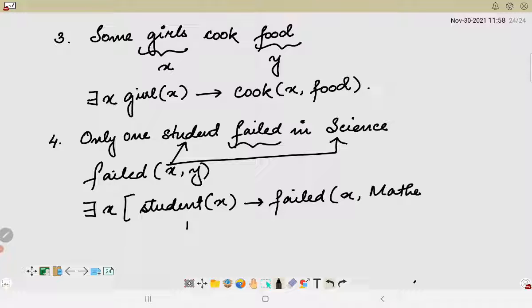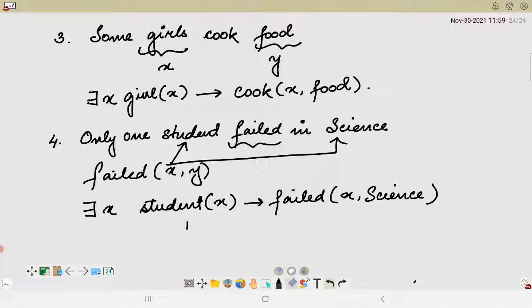Oh sorry, in science, right? We used in science. That student failed in science. Now this is just a basic representation, so we do not need this bracket here. So for some X, if X is a student, X failed in science.